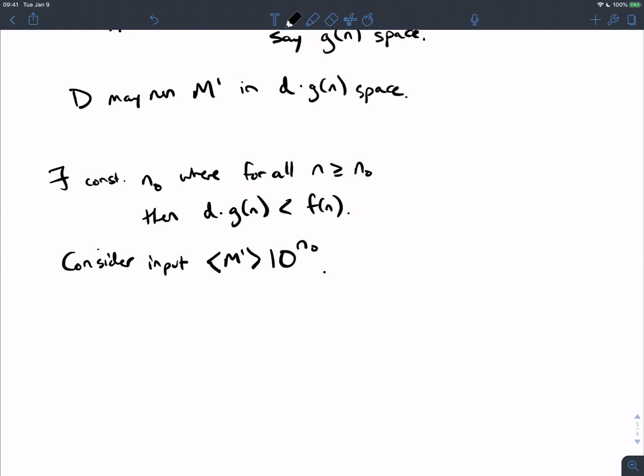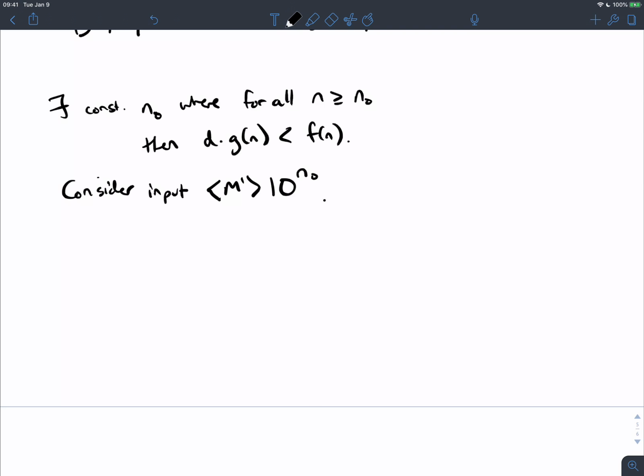Whatever this constant is, to guarantee that the amount of space used is strictly less, we're just going to consider that input and pad enough zeros on the end to guarantee that this will work. Well, the length of this input is strictly larger than n0 because of this 1 right here. So that's why the 1 is there, to guarantee that this input is strictly larger than n0. So this tells us the input length is strictly larger than n0.